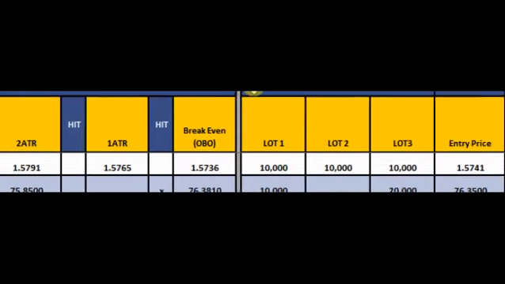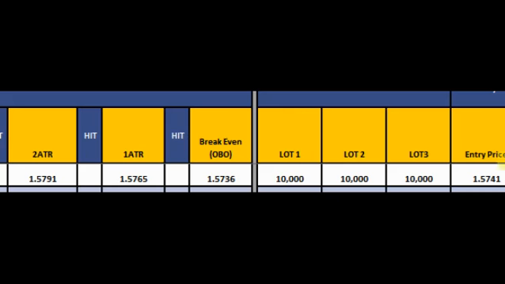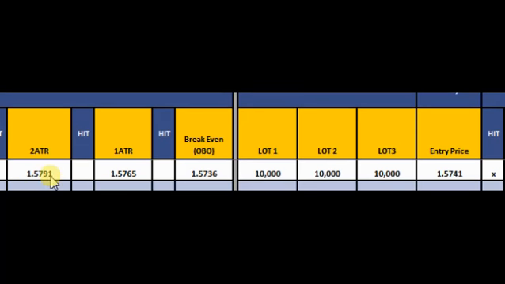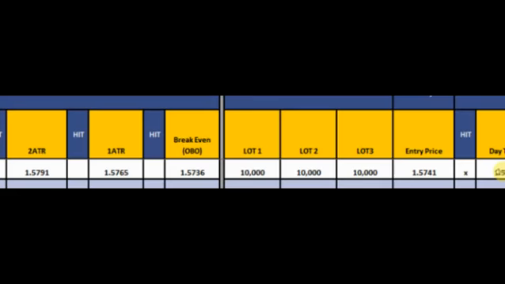The picture of my set strategy shows my entries at 1.5741, which is what was planned. The 2 ATR stop was at 1.5791, just below the 5800 handle, or just above the 50. Let's see, that would have been 5750 I was worried about there.